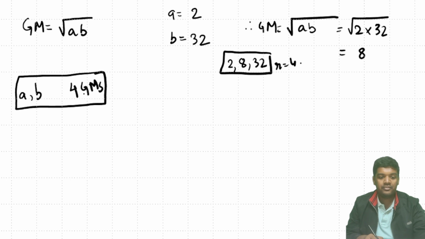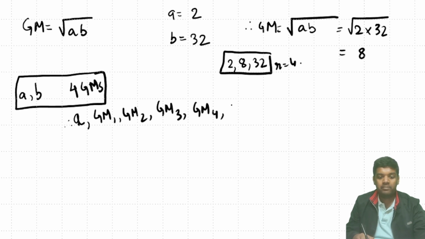Similarly, if I insert 4 GMs between two numbers, the 6 terms A, GM1, GM2, GM3, GM4 and B will be in GP. So B will be my T6.